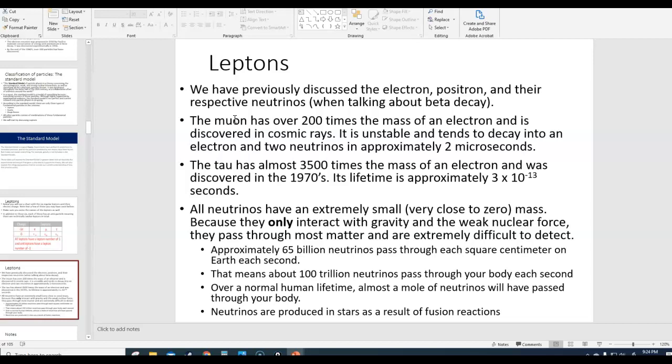The reason you don't notice is that they only interact with gravity and the weak nuclear force, and because most of the atom is empty space and those forces are very weak, it's very unlikely for them to interact with anything, much less on a big enough scale for you to notice. And just to show you how many neutrinos that is, over the course of a normal human lifetime, almost a mole of neutrinos will have passed through your body.